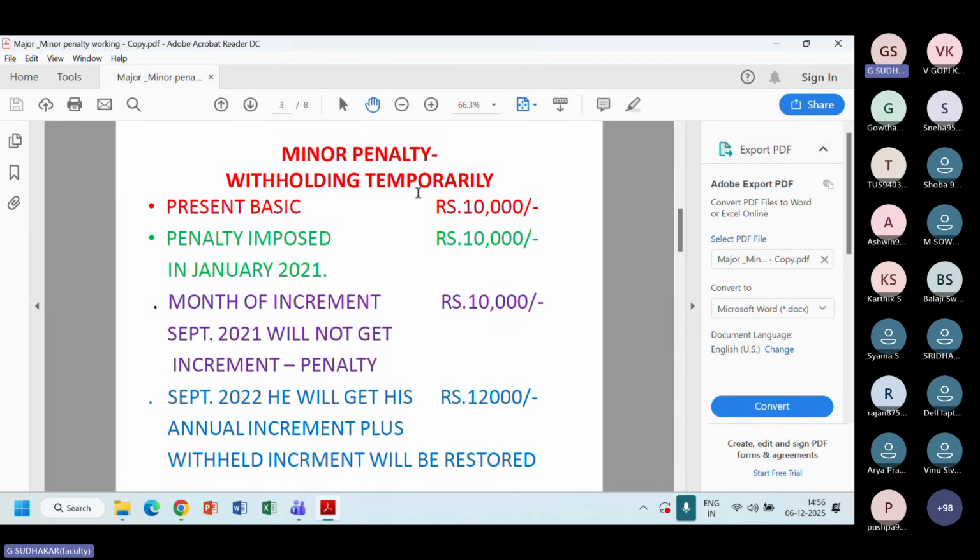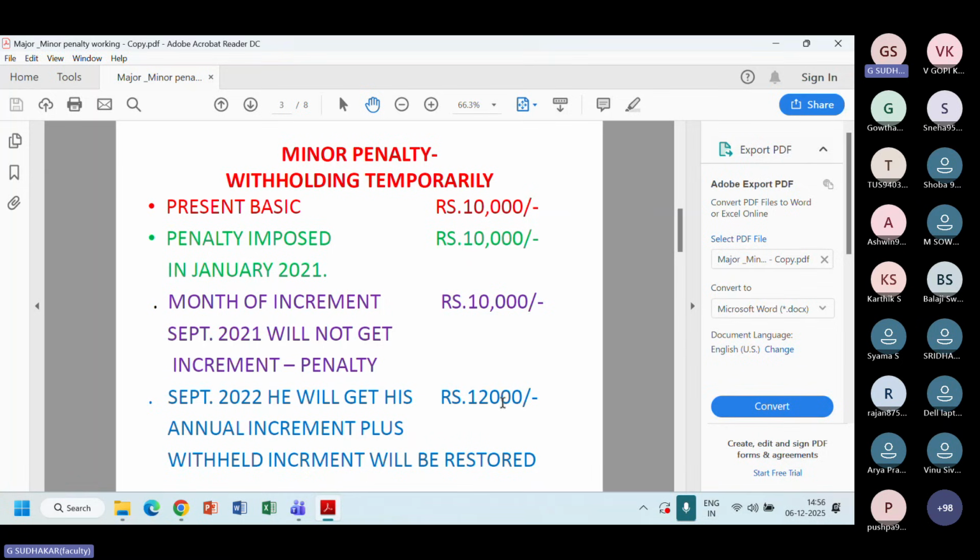So withholding temporarily, present basic 10,000, penalty imposed in 2021. Sorry, this is withholding, no? Withholding. So in the month of increment, it is 10,000. In September 21, he will not get his normal increment because of the penalty. September 22, he will get 1,000 rupees plus 1,000 rupees normal increment, 12,000.